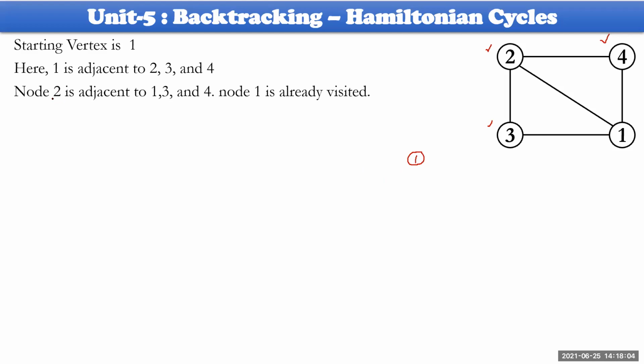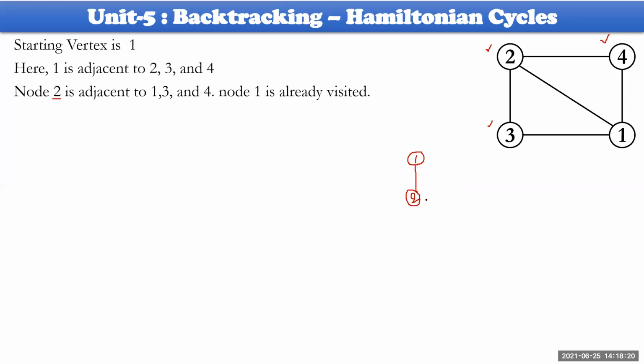Then what we are supposed to take into consideration? If you select 2, for example, the vertices adjacent to 2 will be 1, 3, 4, and 1 is already visited. So I would like to select 2 here.